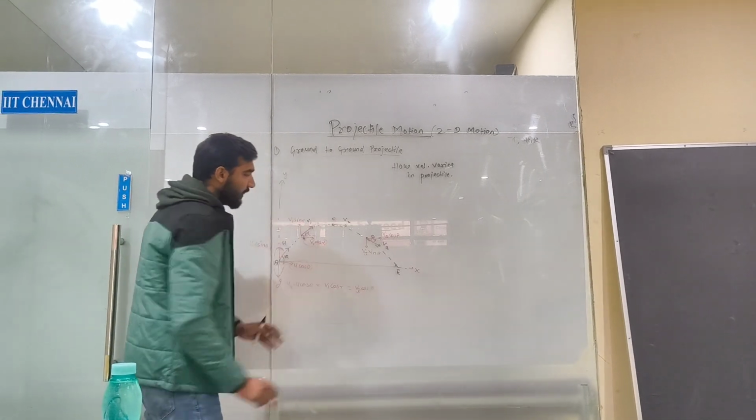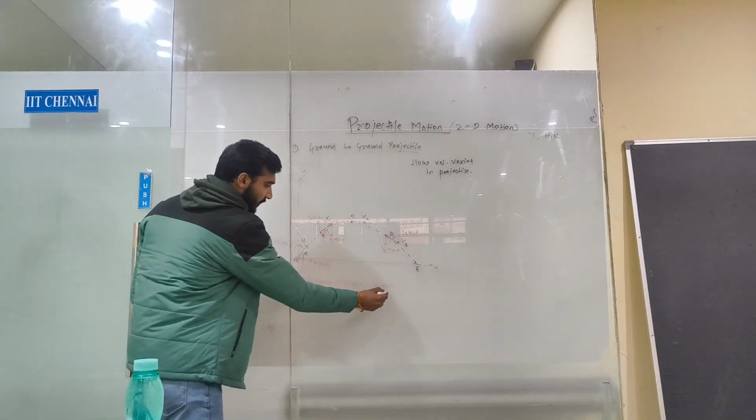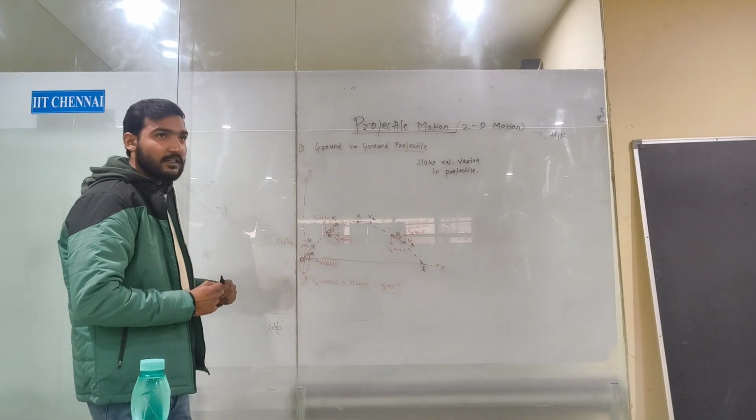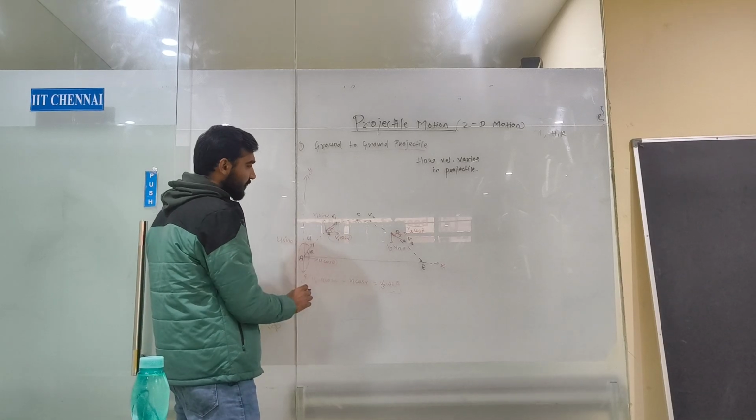Because there is no acceleration in the x-axis, there is no change in velocity, so we can write it like this. So sir, you are saying that velocity is only changing in the y direction? Correct. Velocity is only changing in the y-axis, in the y direction.